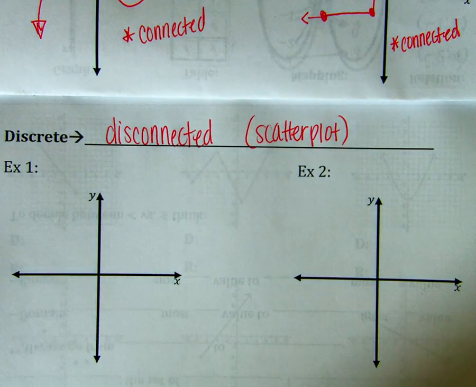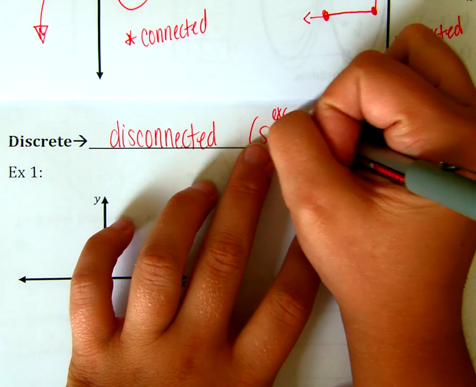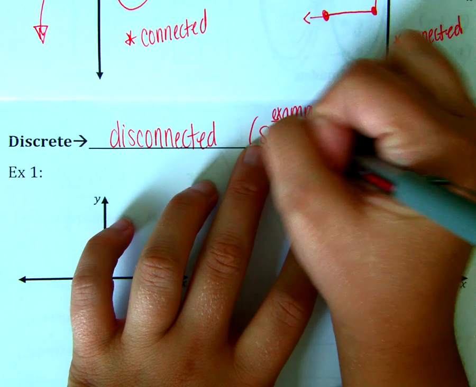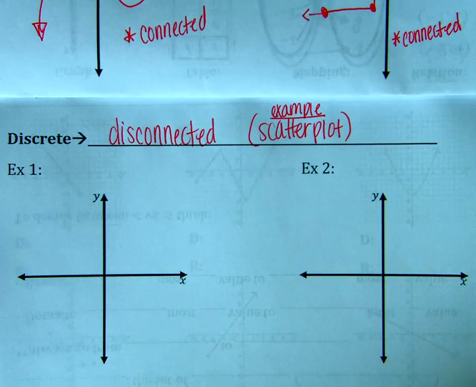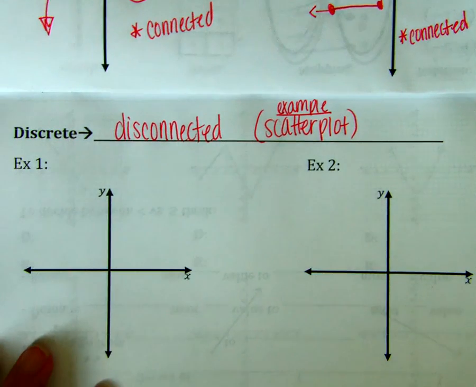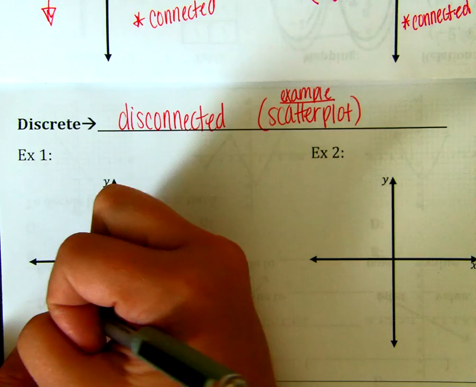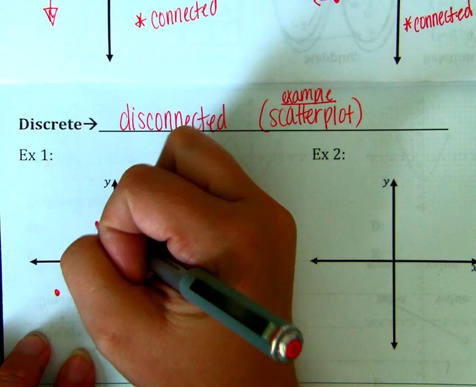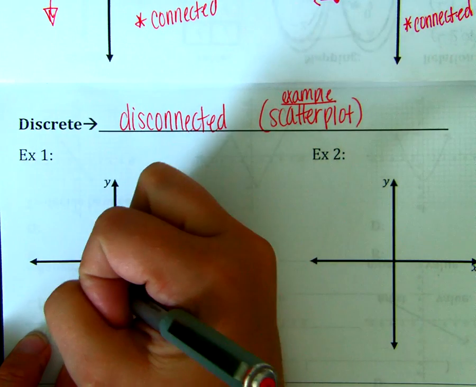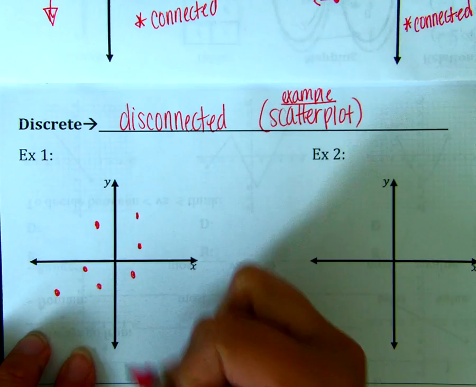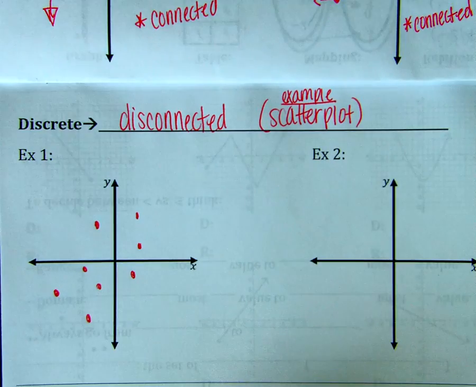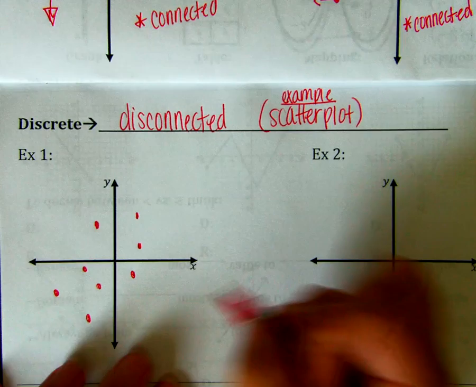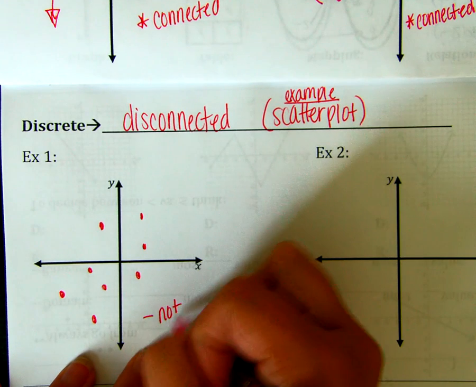Okay, that is the example. If you want to write the word example above here, you can. That is the most common example of a discrete graph. So you just make sure you know a scatter plot is something like this. If there are dots everywhere and they are not connected, that is discrete.